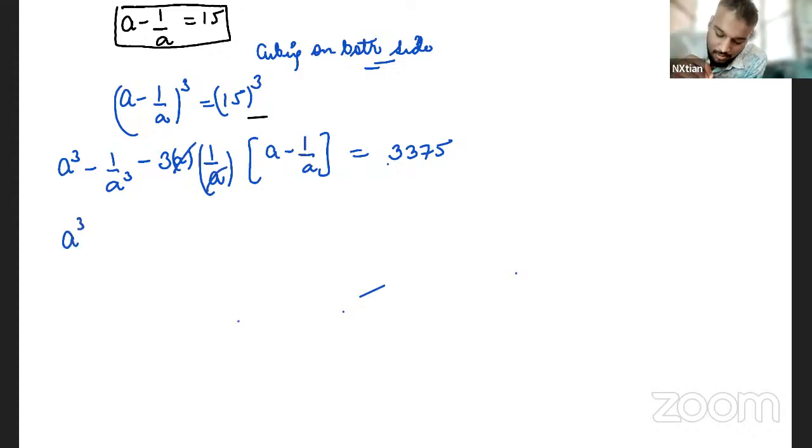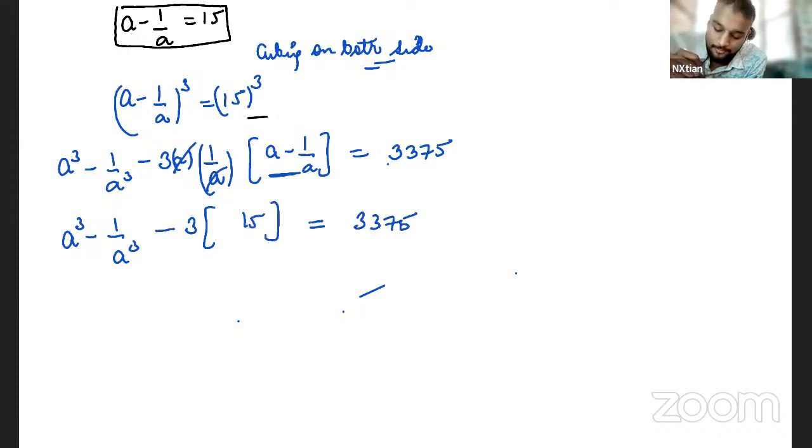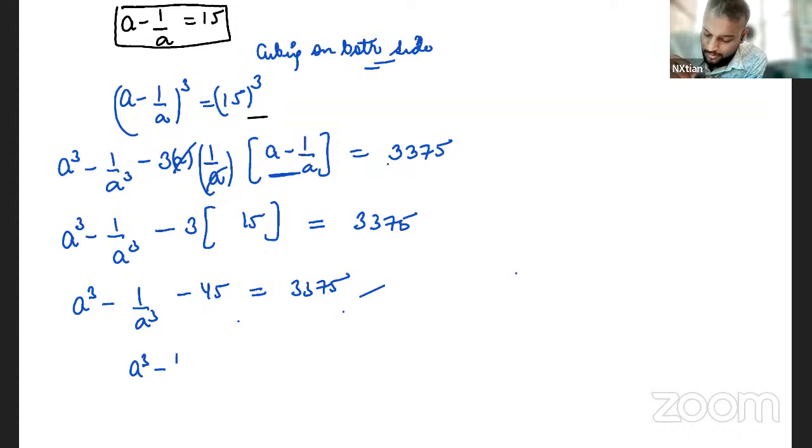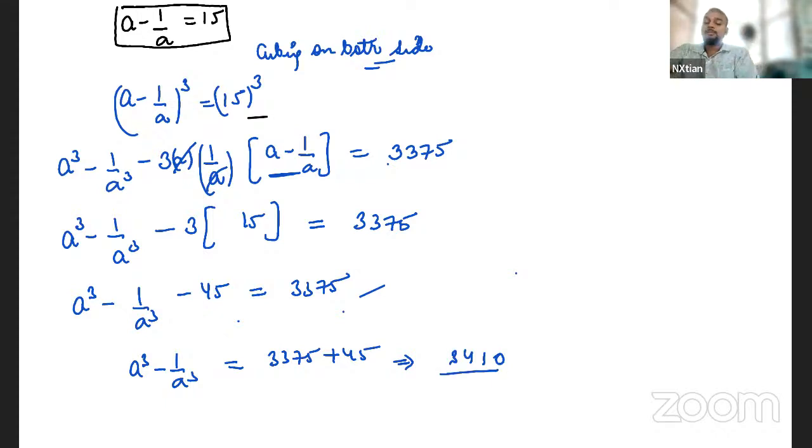So a cube minus 1 upon a cube minus 3 into the value of this, which is 15, is equal to 3375. Now a cube minus 1 upon a cube minus 45 is equal to 3375, so a cube minus 1 upon a cube is equal to 3375 plus 45. The answer will be 3420.